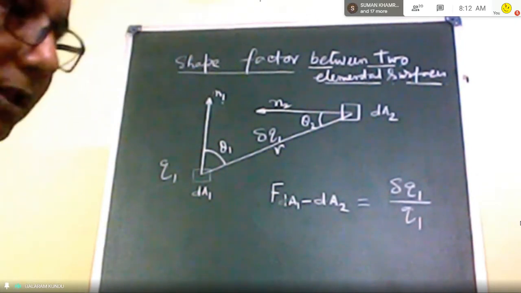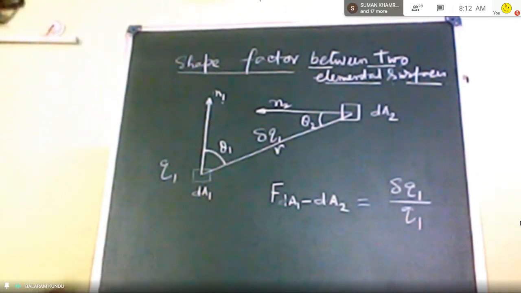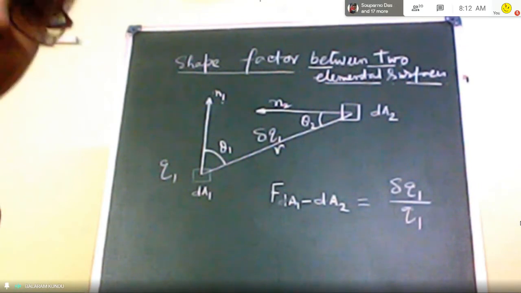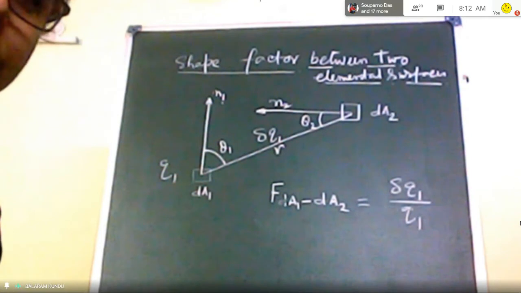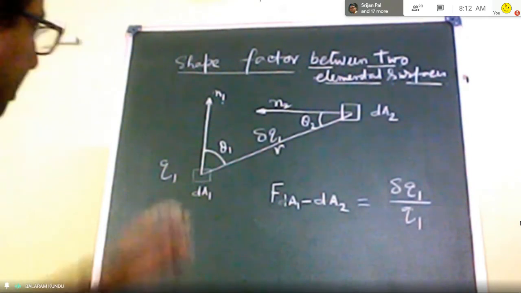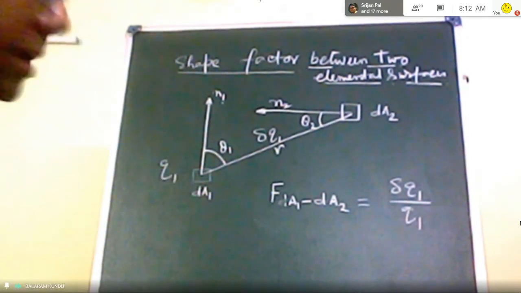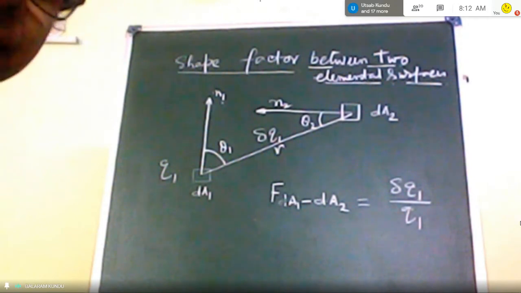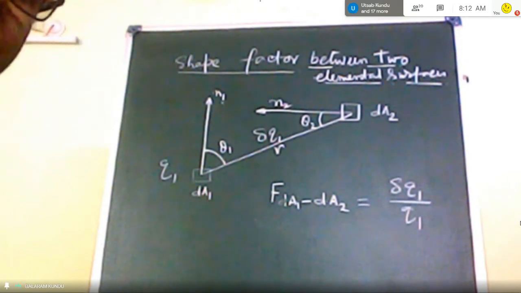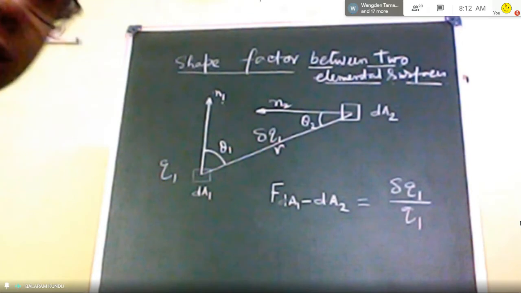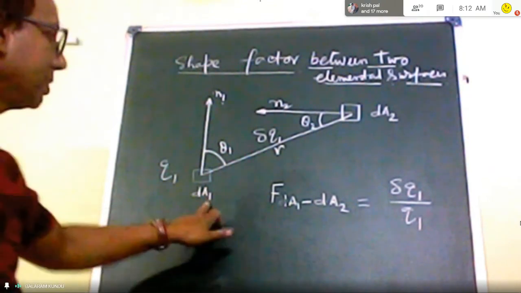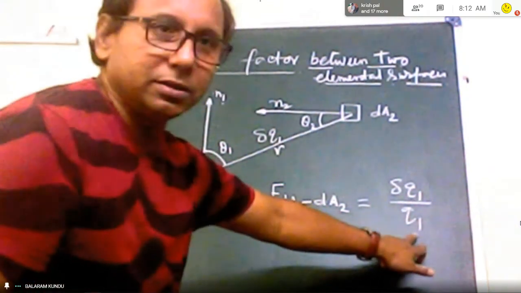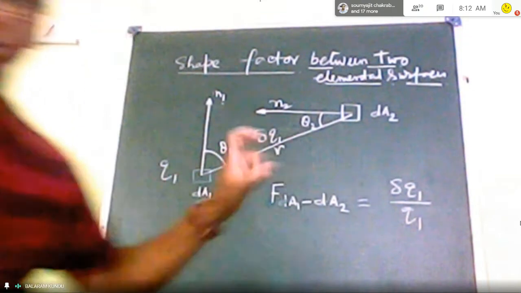Del Q1 is the rate of radiation energy emitted from surface dA1 that strikes the surface dA2 directly, and Q1 is the radiation energy emitted from surface dA1 in all directions. That means the total amount of radiation energy emitted from surface dA1, that is Q1. So this ratio should be a fraction.